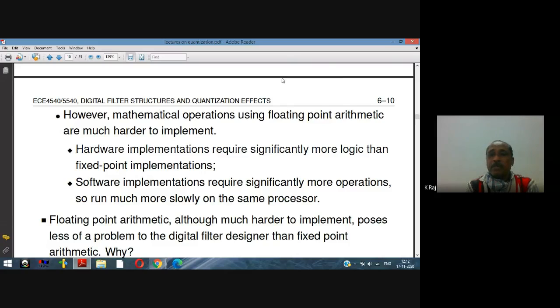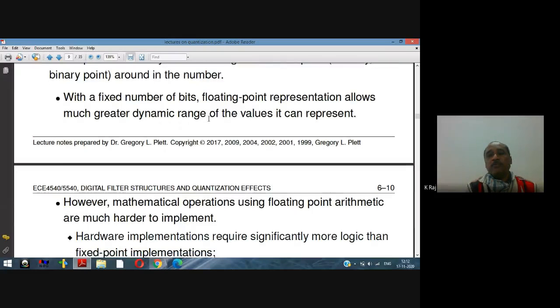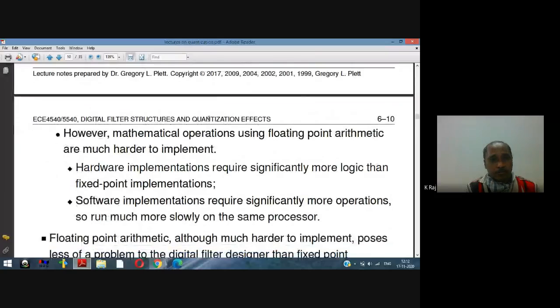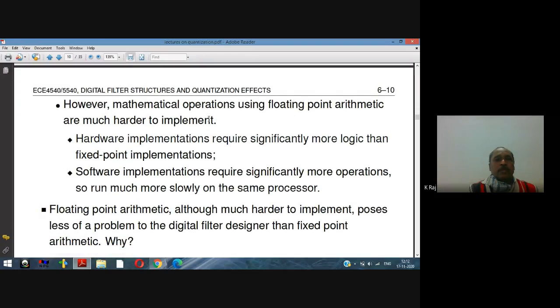But at the same time, with a fixed number of bits, floating point representation allows much greater dynamic range. Dynamic range is better in the case of floating point. And what is the dynamic range? As we have discussed, dynamic range is the ratio of the maximum value that can be represented with a finite number of bits to the minimum value that can be represented by the same number of bits here.